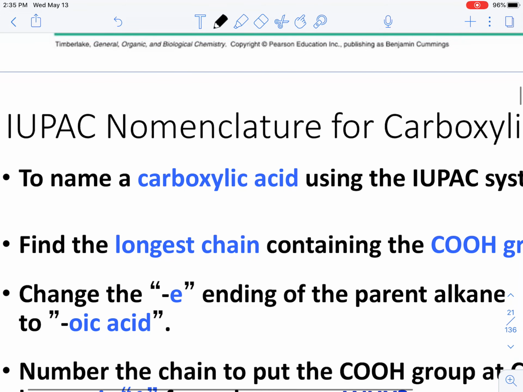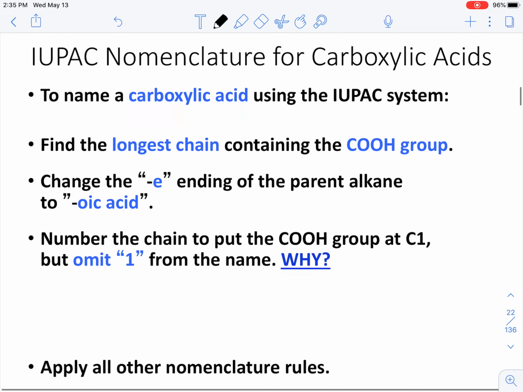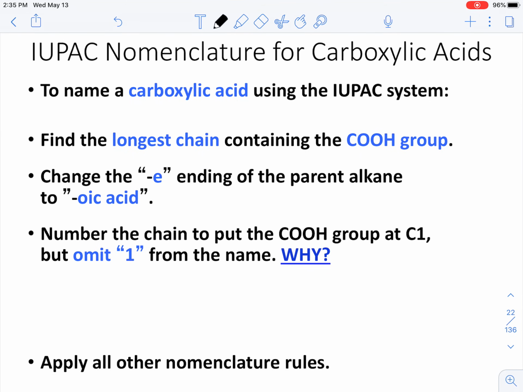So how do we name these carboxylic acids using the IUPAC nomenclature system? Very similar to what you've done for the past several chapters when naming organic compounds, you're going to find the longest consecutive carbon chain that contains the carboxylic acid group. If you recall, for aldehydes we have an acronym, CHO.